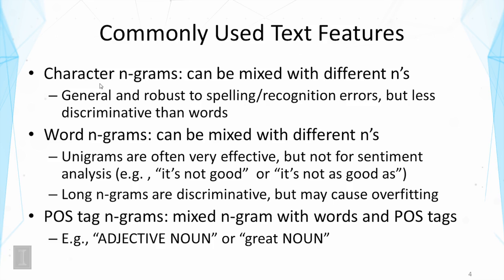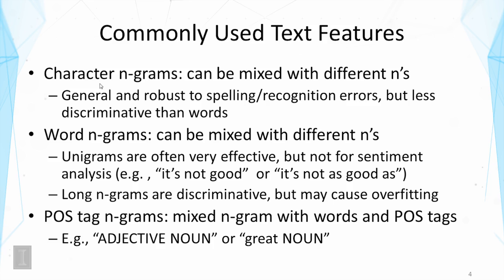So next we have word n-grams, a sequence of words. And again, we can mix them with different lengths. Unigrams are actually often very effective for a lot of text processing tasks, and it's mostly because words are well-designed features by humans for communication. And so they are often good enough for many tasks, but it's not sufficient for sentiment analysis clearly.